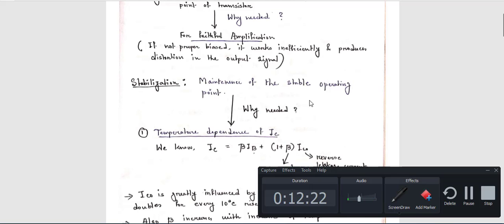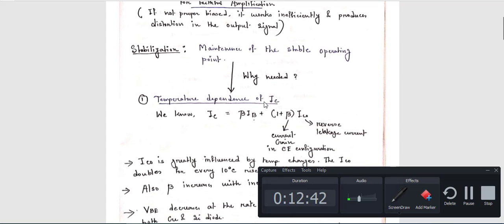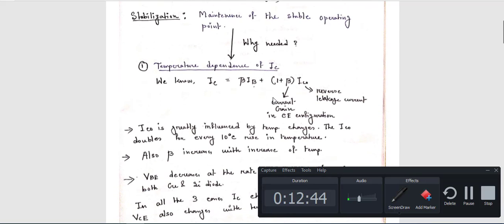Otherwise calculation is not possible. So in that case stabilization is required. That means if the circuit which you prepare is not stable in nature, you cannot make your calculation. That's why stabilization is required. Now if stabilization is not done in a transistor, then what happens? First you have to check if you know what the disadvantages are.